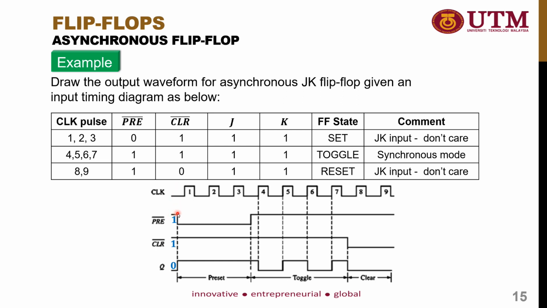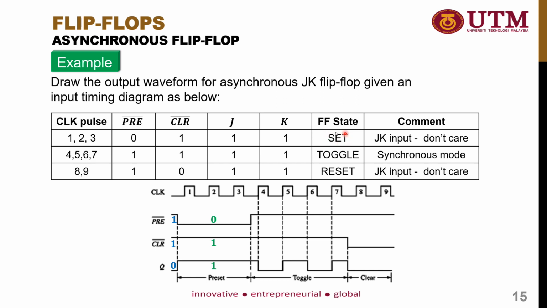Then PRE bar goes to 0. So PRE bar has been set to 0 and CLR bar is set to 1. Right now the flip-flop has entered the asynchronous mode, where when PRE bar equals 0 and CLR bar equals 1, it makes the flip-flop become set.